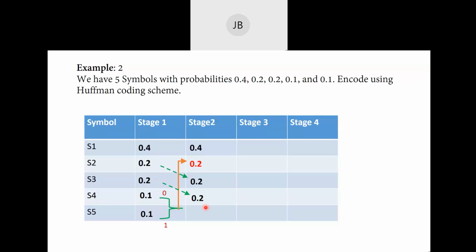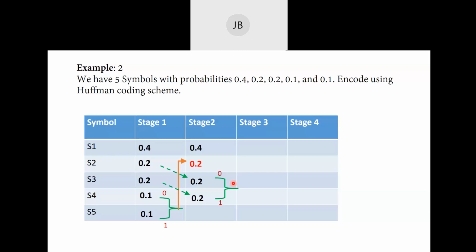Then we will do the same process. We keep repeating the same process, that is, we pick two probabilities having the lowest value and combine them. We assign a 0 to one of the elements and 1 to the other element, and then we combine these two and it becomes 0.4. So 0.4 is the new element generated.